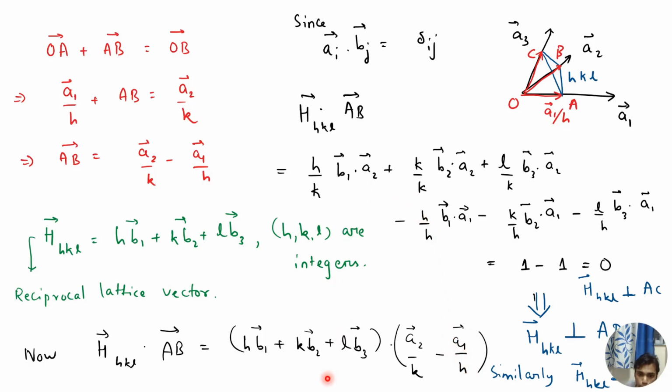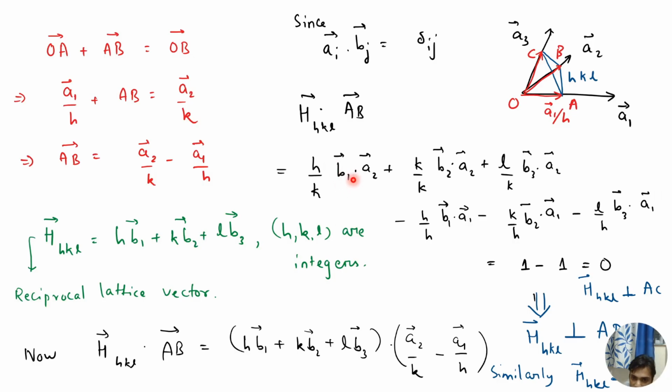Now if you take the dot product of these two, you see b1 dot a2 will give 0. If you expand this, you will have 6 terms in total: h by k b1 dot a2, k by k b2 dot a2, plus l by k b3 dot a2, minus h by h b1 dot a1, minus k by h b2 dot a1, minus l by h b3 dot a1.